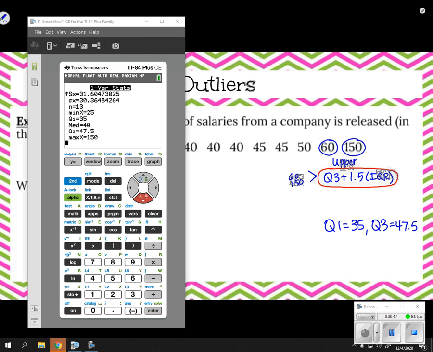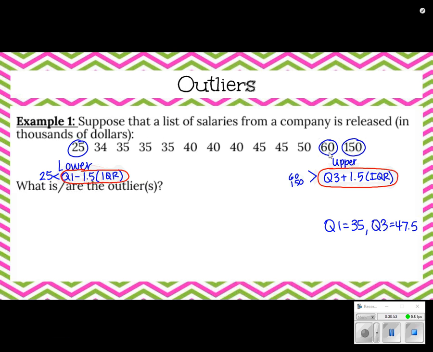Now I have enough stuff to be able to figure out if I have my outliers or not, because I need Q1 over here. So Q1 minus 1.5 times the IQR. So I know Q1 is 35 minus 1.5 times, now the IQR is going to be Q3 minus Q1.